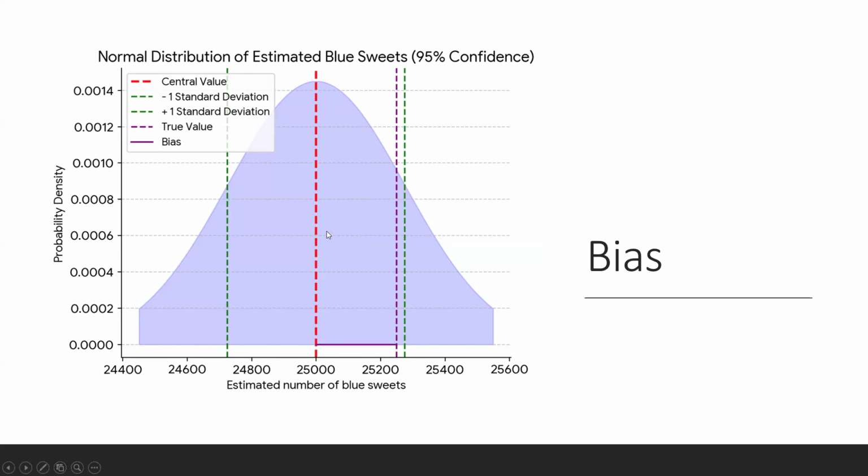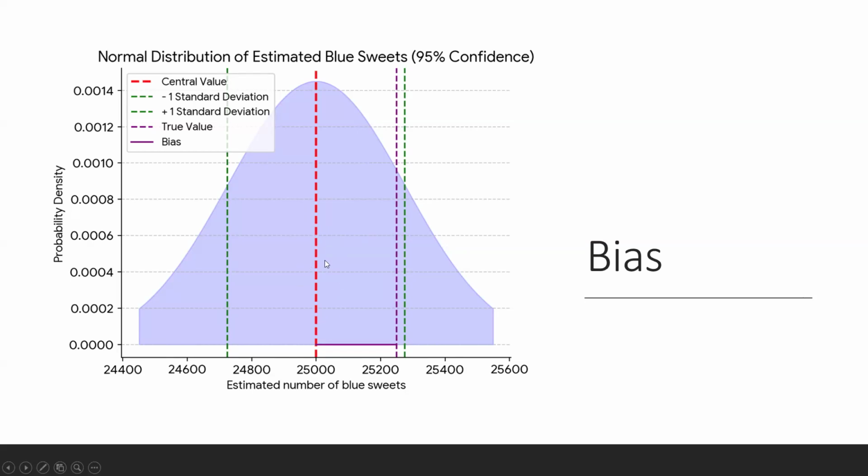If we were then to count the number of blue sweets in the big pot, i.e. the reference method, we may find that the real number is equal to our central value, and thus the central value is the true value. Or we might find that the real value, as I've drawn here with a purple dotted line, is the true value, and therefore it's different to the central value that we would expect looking at our normal distribution.